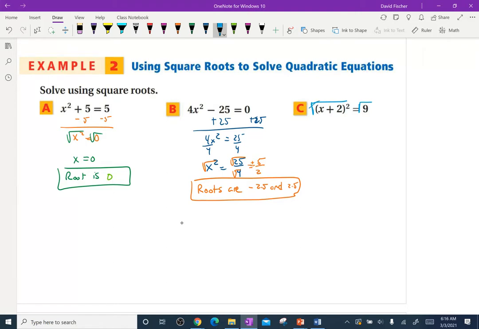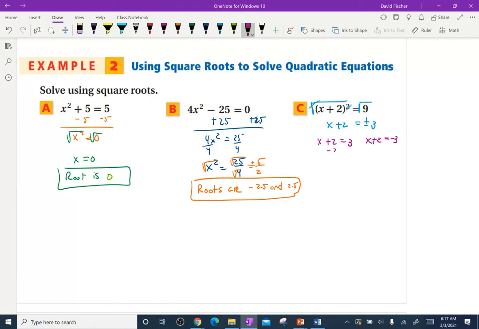So this cancels out with this and just leaves me with an x plus 2, because that whole quantity is squared. Over here on the other side, I have a plus minus 3. And we got some more math to do. So now I'm going to finish this. x plus 2 equals a positive 3, and x plus 2 equals a negative 3.